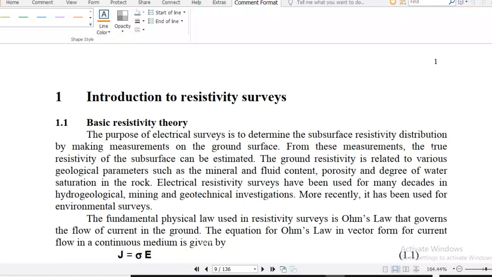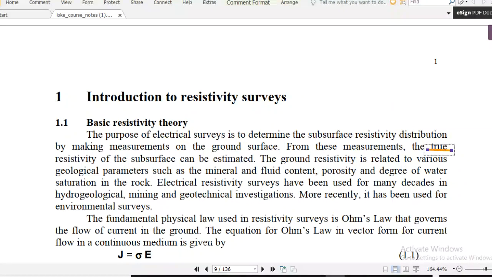This should be underlined at this point: true resistivity. The objective of geophysics is to determine the true resistivity, not the apparent. The apparent is only the tool or translation to get the true resistivity of the subsurface.